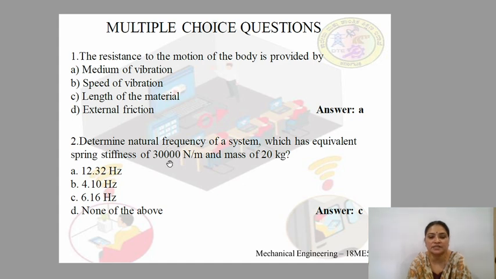Since we have spring stiffness in Newton and mass in kg, convert the mass also in terms of Newton and substitute in the formula, and we find that after calculation the right answer among the given options will be 6.16 Hertz. So option C is the right answer.